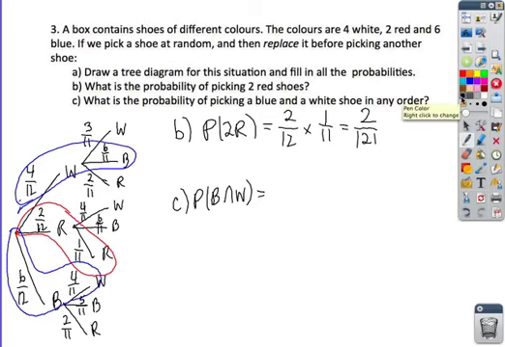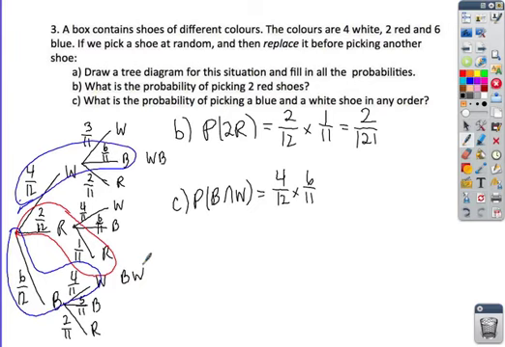So now we want to take each of those pairs of probabilities. So it would look like this, 4/12 times 6/11. And I'll list those outcomes at the side. This is white-blue. This one is blue-white.